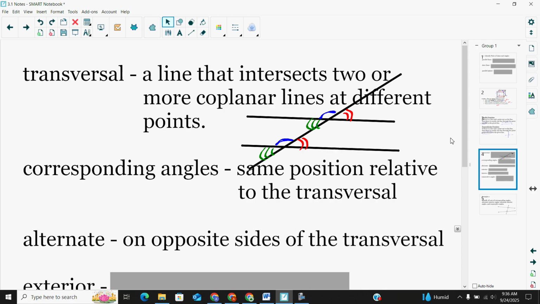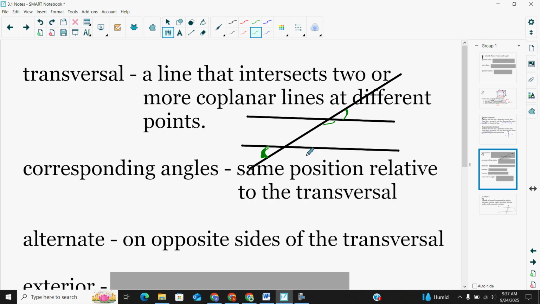Alternate means they're on opposite sides of the transversal. Alternate, on different sides of the transversal. So like this angle and this one or this one are considered alternate.